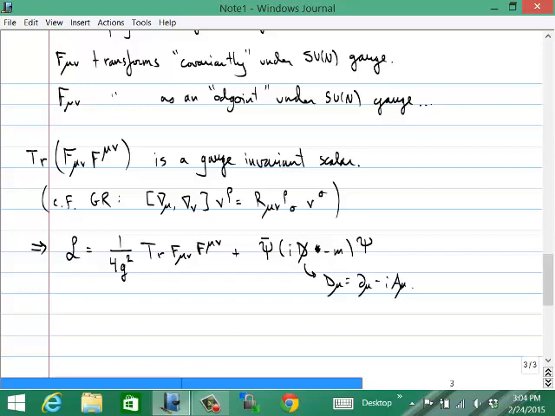And this, as I have written it, is the Lagrangian for SU(N) Yang-Mills theory.